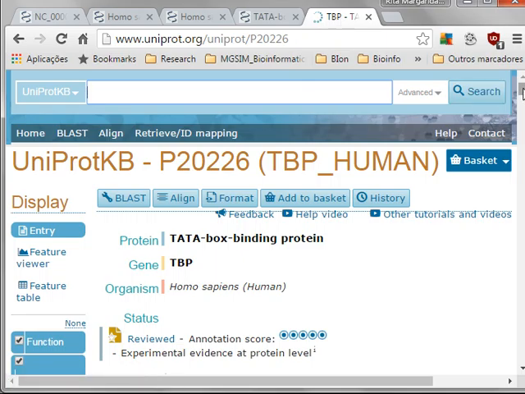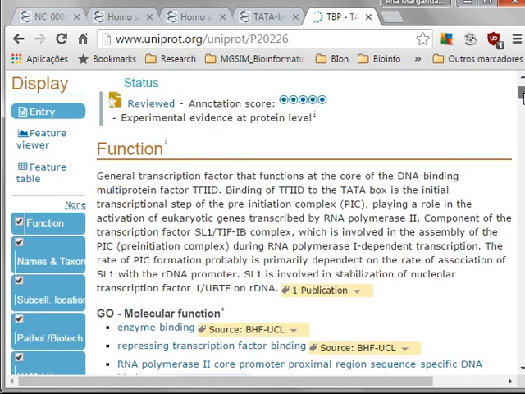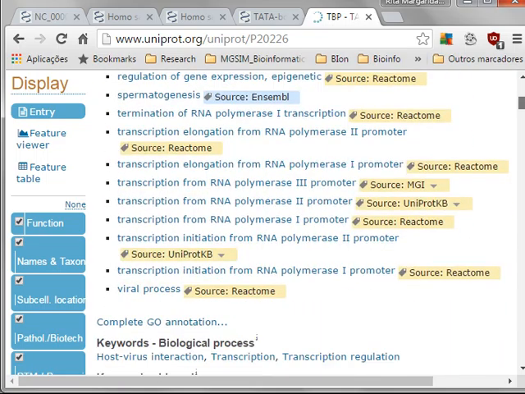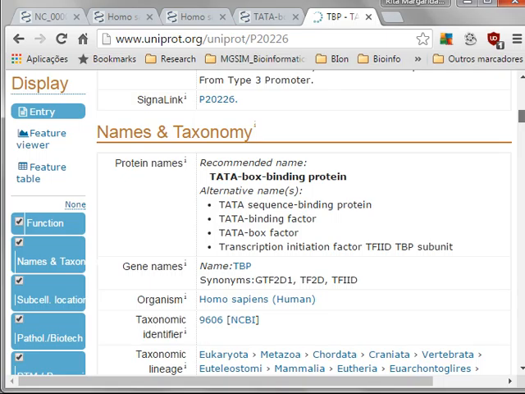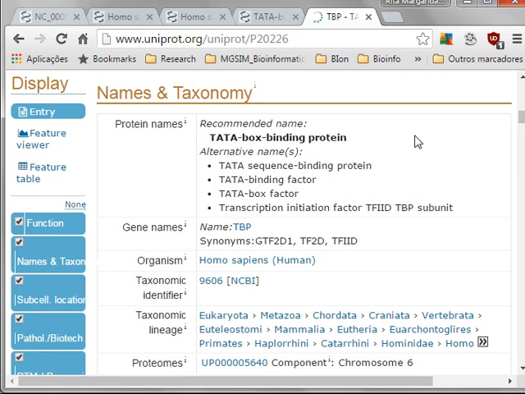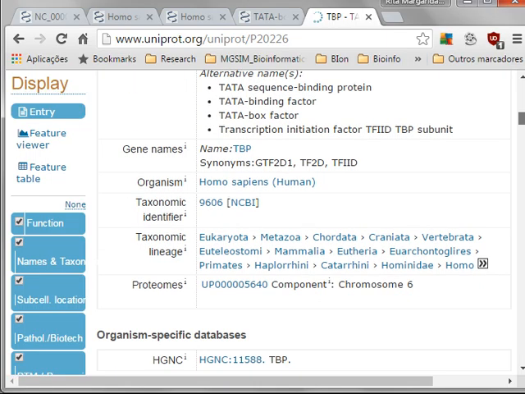At UniProt, where you can have access to all the proteins, this is a combined database from SwissProt and UniProt, and you can follow and check all the characteristics of this protein. You have the name as TBP, the same name as the gene.